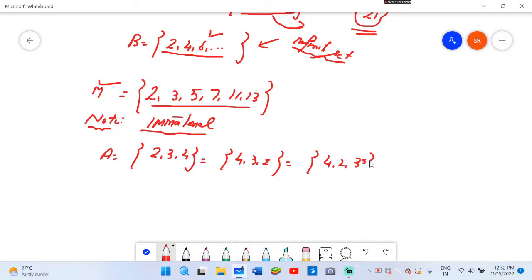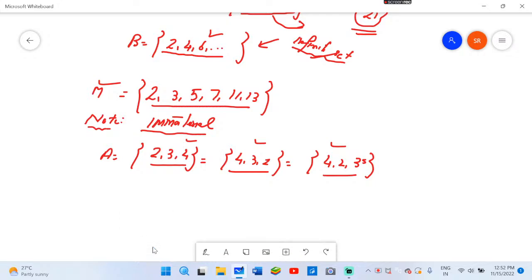These three represent the same set. So remember, the order of writing elements in a set does not matter.